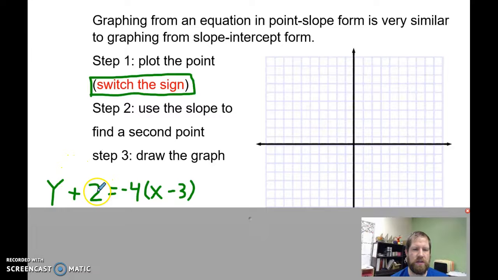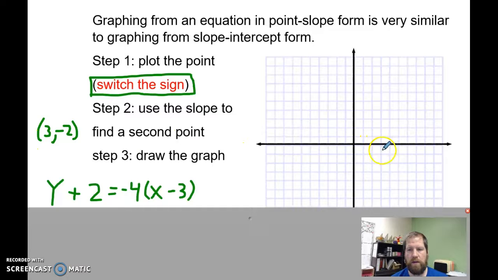It's y plus 2, which means the actual point, when I have it in my coordinate, should be -2. Okay? Remember from the last video, the form is y minus y1 equals m times x minus x1. That's why we're switching this. Okay? So plot that point.